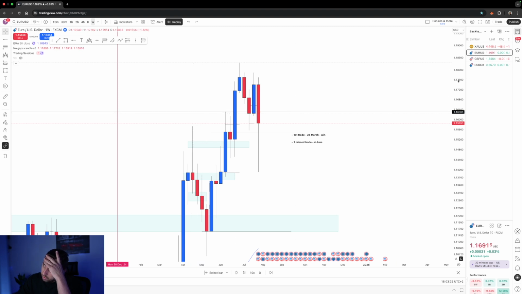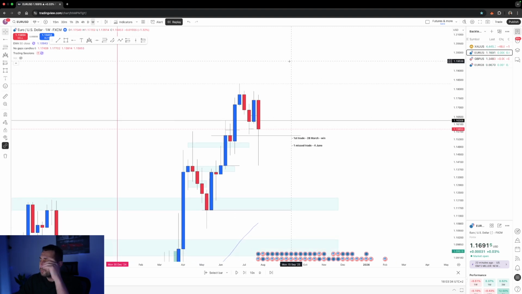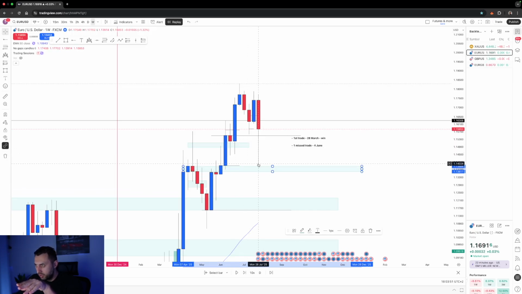So this is the zone where I think that the price will slow down, and we can see that it slowed down and created a higher low on weekly, but I don't know exactly where it will get. I think over here, because this week almost touched this zone, but I'm expecting another candle to push down.